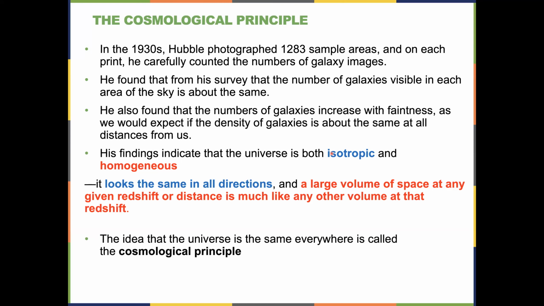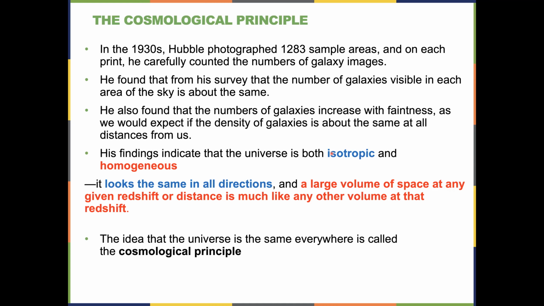And this is one of the fundamental concepts now in cosmology. He also found that the number of galaxies increases with faintness. That makes sense. And at the end, what he decided is that the universe is both isotropic and homogeneous.